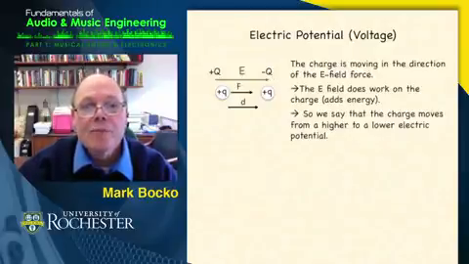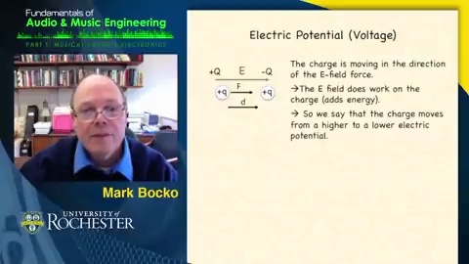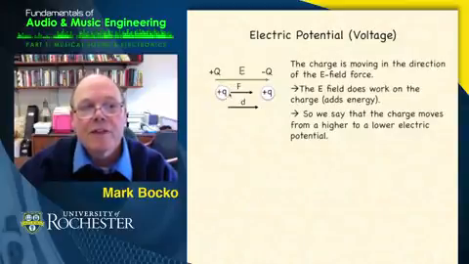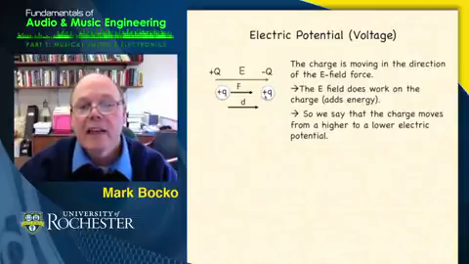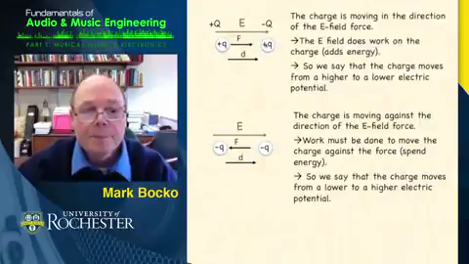Now, the charge is moving in the direction of the E field force in this case, and the E field is doing work on the charge. It's adding energy. So what we're saying is that the charge moves from a higher potential to a lower potential. So over here, there's a lot of potential energy. Over here, there's less potential energy, and that's been converted to kinetic energy of this moving charge.